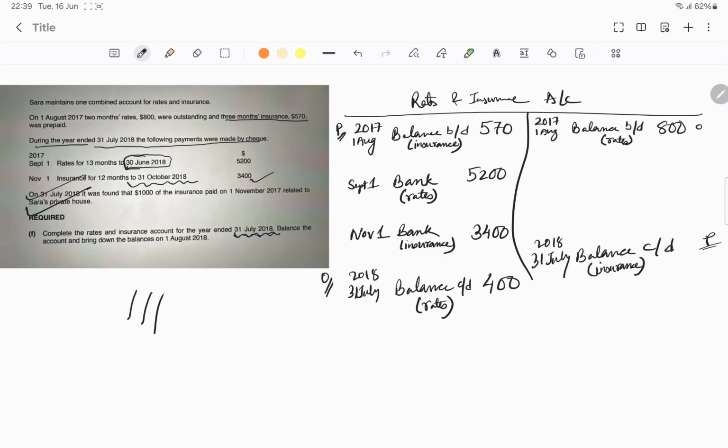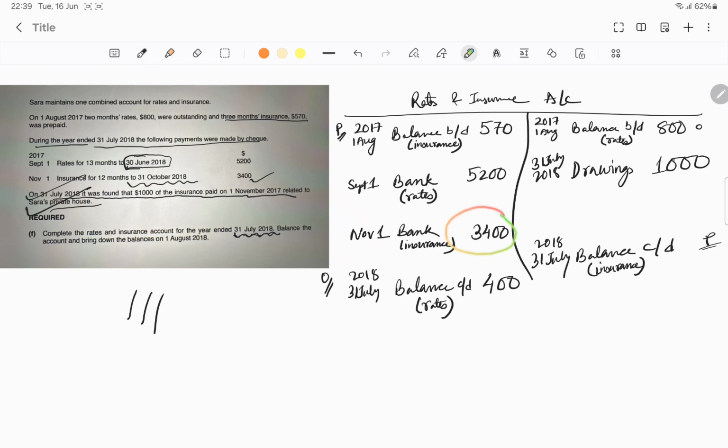Wait, there is a catch. On 31st July, it was found that 1000 of the insurance paid on 1 November related to Sarah's private house. So on 31st July 2018, we write it down as drawings, 1000. Now the net payment will reduce.